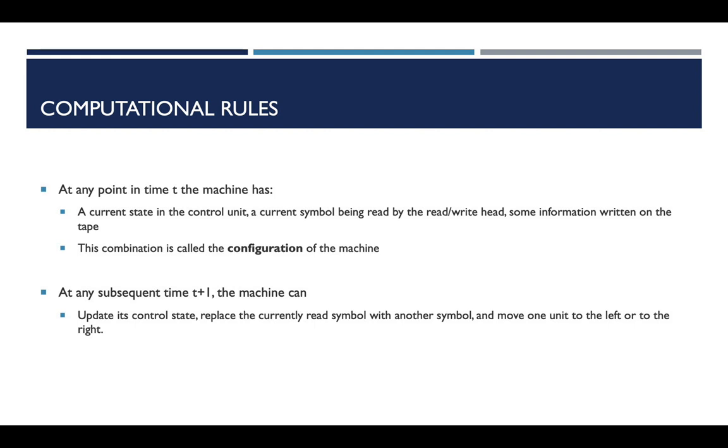And then we can update the position of the read-write head to go either left or right to update what the current symbol is for the next time step. So all three of those pieces of information that represent the configuration or internal state of the machine can be modified to come up with the next configuration of the Turing machine.